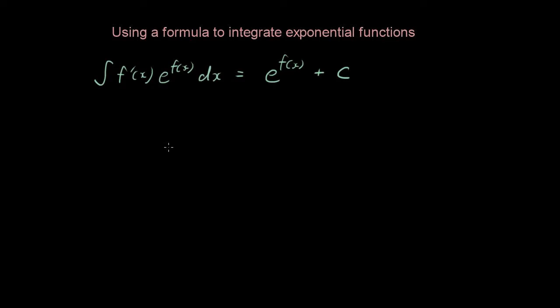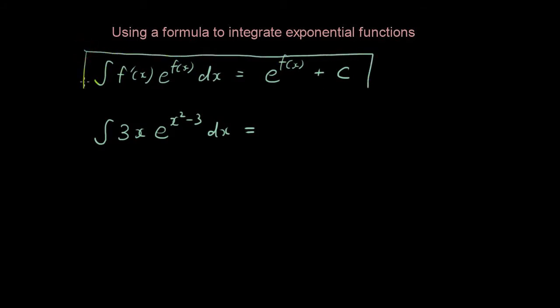So let's start off by giving you a practice. How do we use this formula to integrate 3x times e to the power of x squared minus 3? The way we're going to do it is we're simply going to look at this formula and have a look at the elements we need.